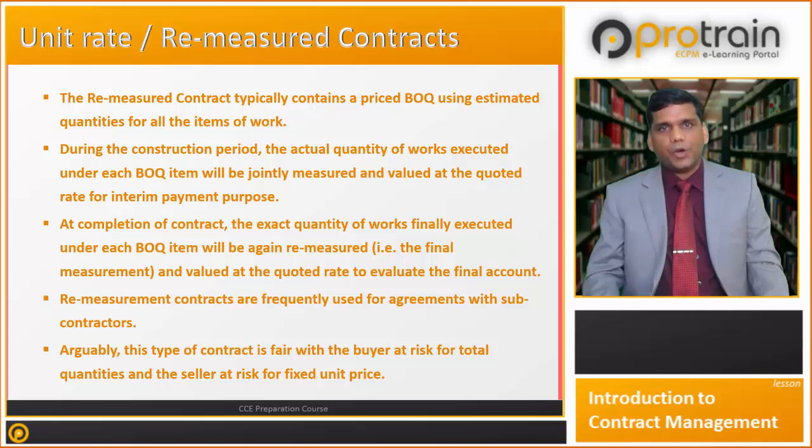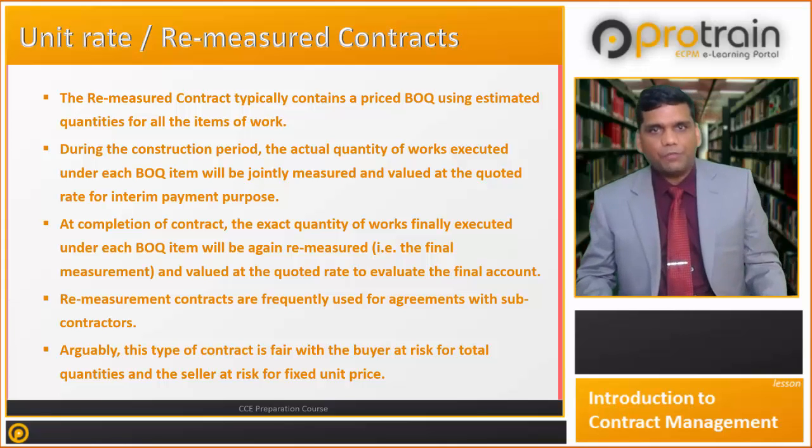The remeasured contract typically contains a priced BOQ using estimated quantities for all the items of work. During the construction period, the actual quantity of works executed under each BOQ item will be jointly measured and valued at the quoted rate for interim payment purposes.